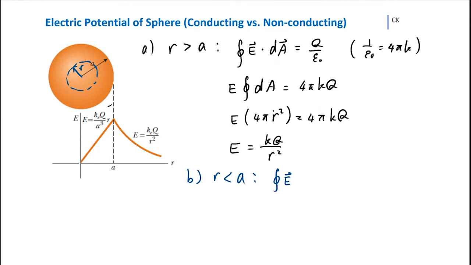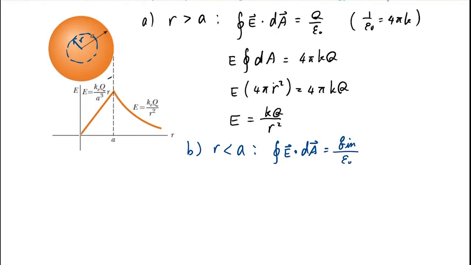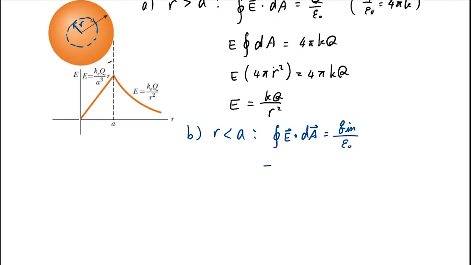E dot dA is, now we have to write lowercase q, because this q means q inside our Gaussian sphere, over epsilon naught. Likewise, before, this becomes E times 4 pi r squared. Just recycling our work. The other side becomes 4 pi k times q inside.